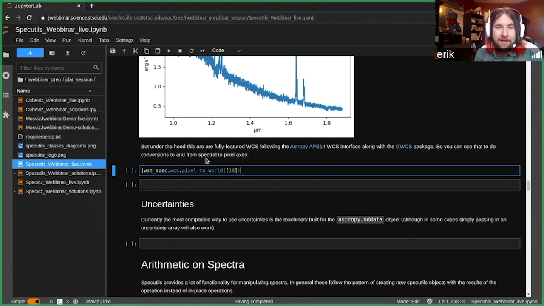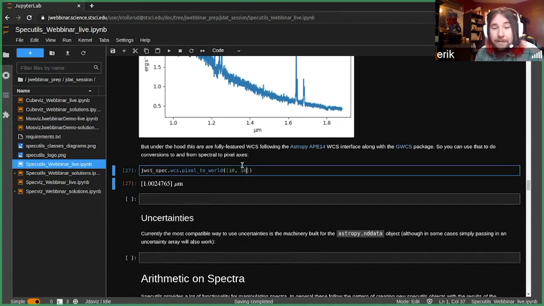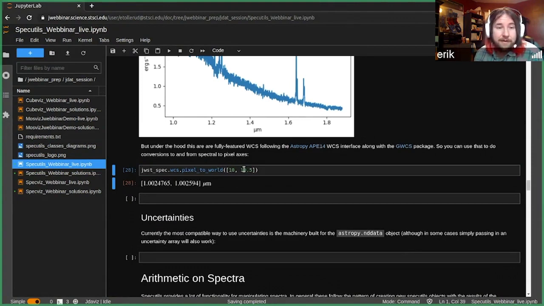So for something like a pixel 10, that's maybe silly because we already just did stuff like that. But it's really useful if you want a pixel in between other pixels, because it's perfectly happy to interpolate between them in a way that the WCS in the file, most importantly in something like JWST, where there's very complicated WCS information, it's not just like linear interpolation, it's actually the right kind of interpolation.